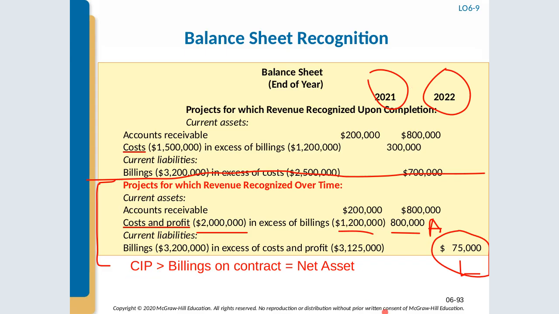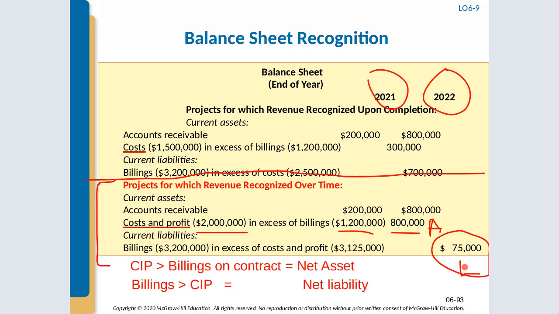So if billings is greater than CIP, then we report a net liability. The reason for that is we are saying we billed our customer too much on work that we haven't done yet.